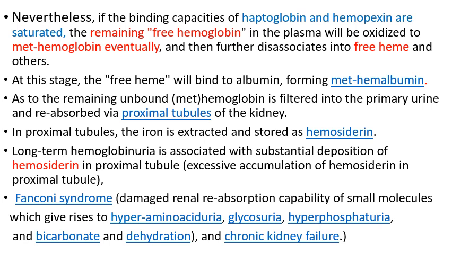To hyperaminoaciduria, because the proximal tubule no longer can reabsorb. So aminoaciduria in the urine, glycosuria, hyperphosphaturia, bicarbonate loss, and dehydration, and then eventually it will lead to chronic renal failure.